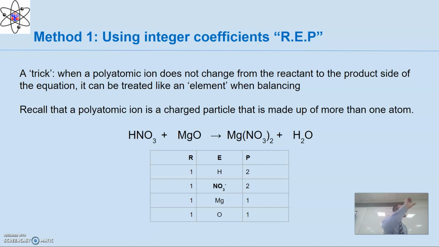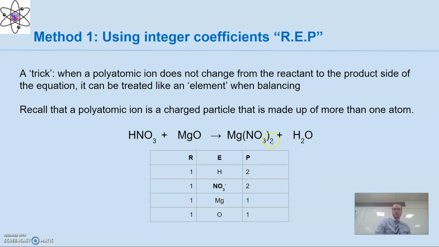So a trick, if we've got a polyatomic ion, remember that's an ion that has multiple atoms. If we have a polyatomic ion that's the same on both sides, treat it as if it's an element, and it makes balancing easier. So I've got nitrate in this example on both sides.